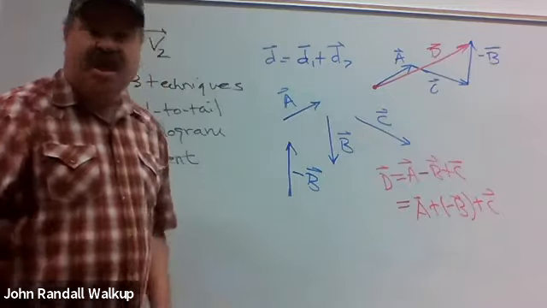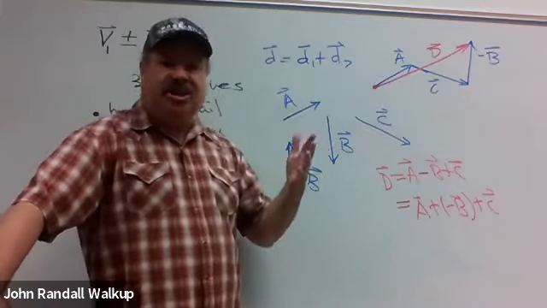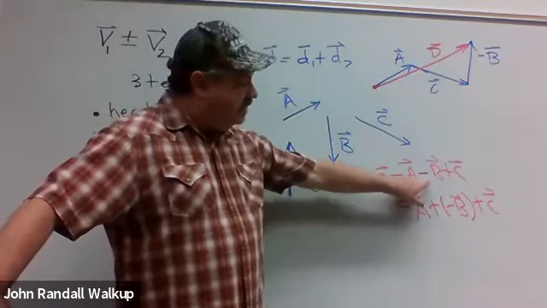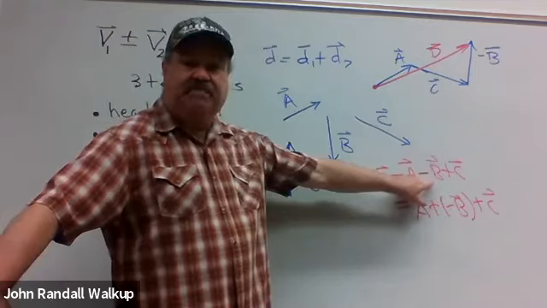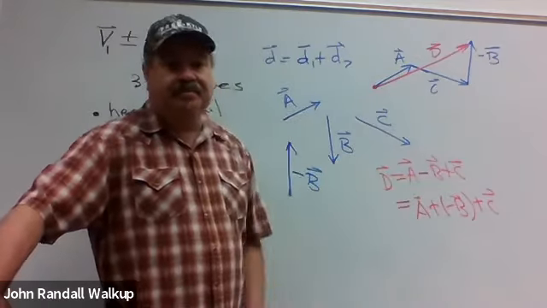That's how you do it. And so vector subtraction is no harder than vector addition. All you got to do is just flip the direction of B and add the negative. Very simple.